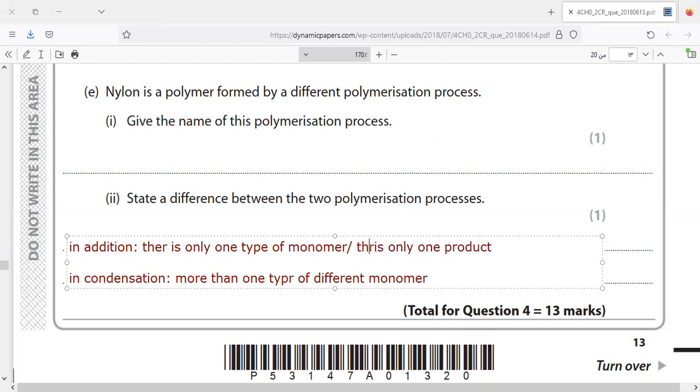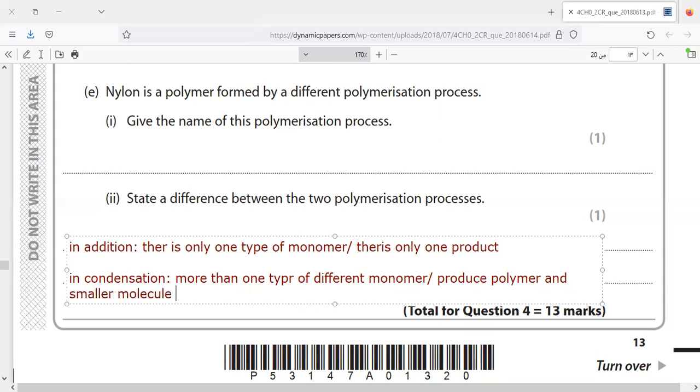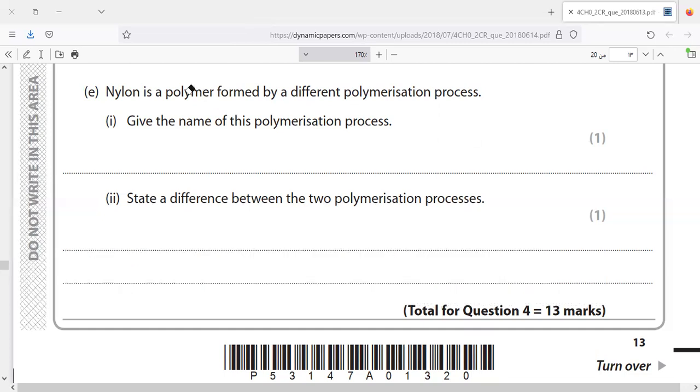But in condensation polymerization, it will produce the polymer and a smaller molecule, maybe H2O, maybe HCl. Okay, got it? Yes. So these are the main differences. A lot of differences. You can write as you like.